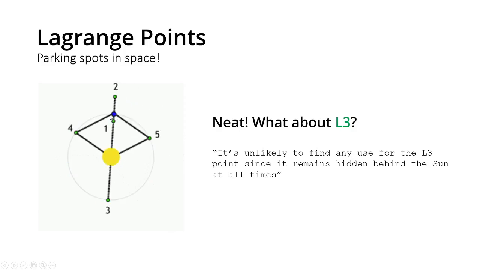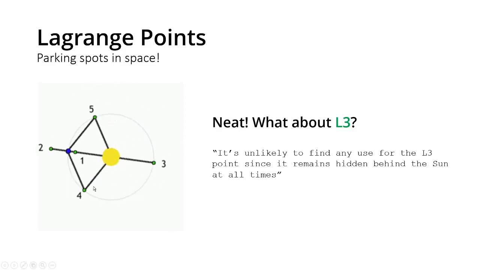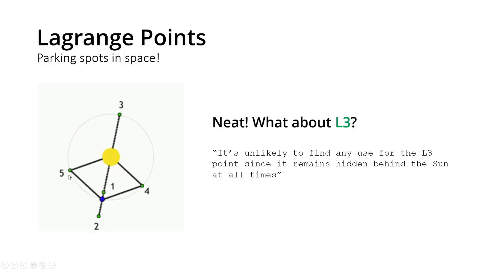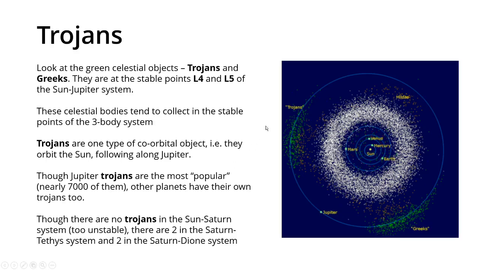Remember, let's say this is Jupiter, the blue one, this is the Sun, and L4 and L5 are here. You see, a lot of asteroids accumulate at these two stable points, L5 and L4. So not all asteroids are in the asteroid belt, but they also stay here.